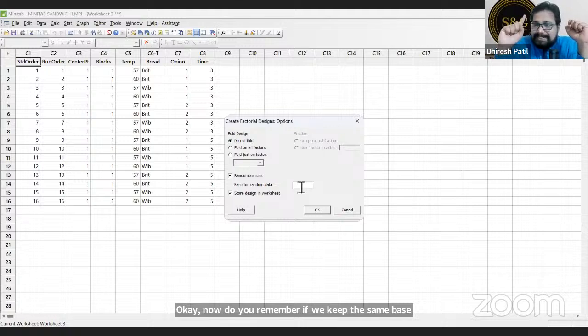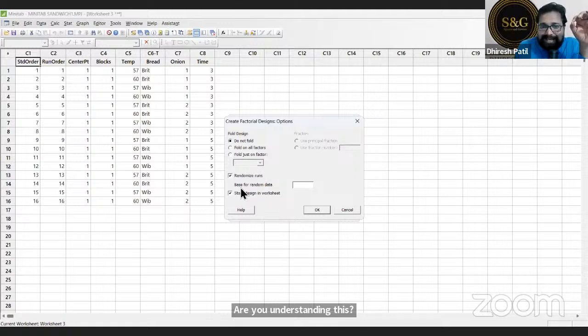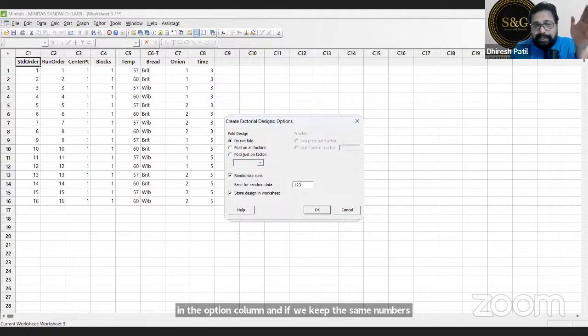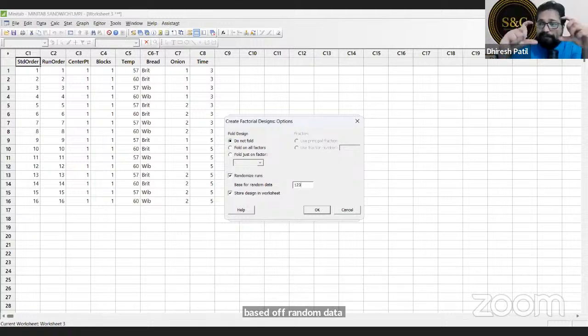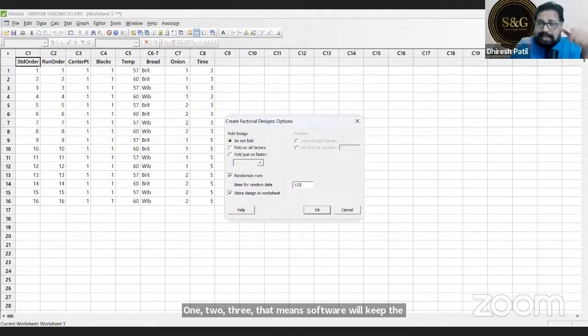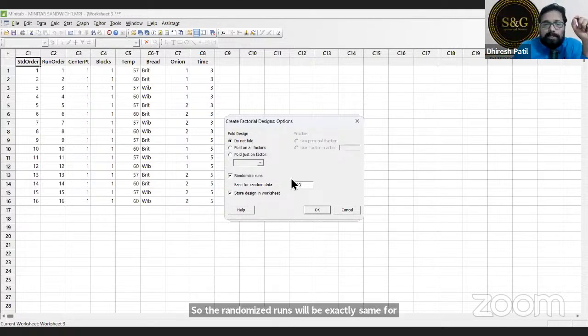If we check the randomized runs in the option column, and keep the same numbers, let's say 1, 2, 3, everybody just put 1, 2, 3 in the base of random data. That means the software will keep the same base for everybody. So the randomized runs will be exactly the same for everybody sitting in the room. Clear?